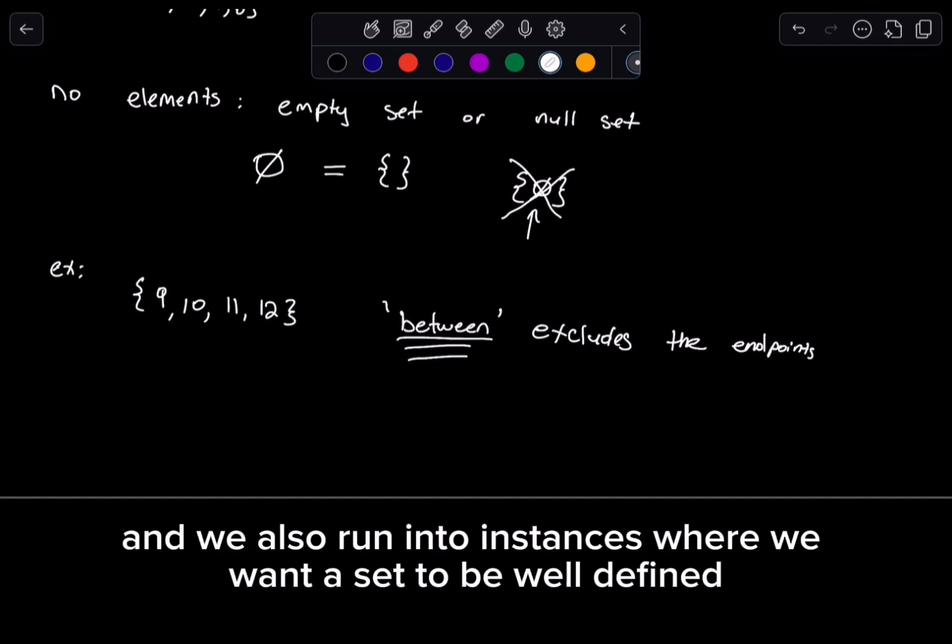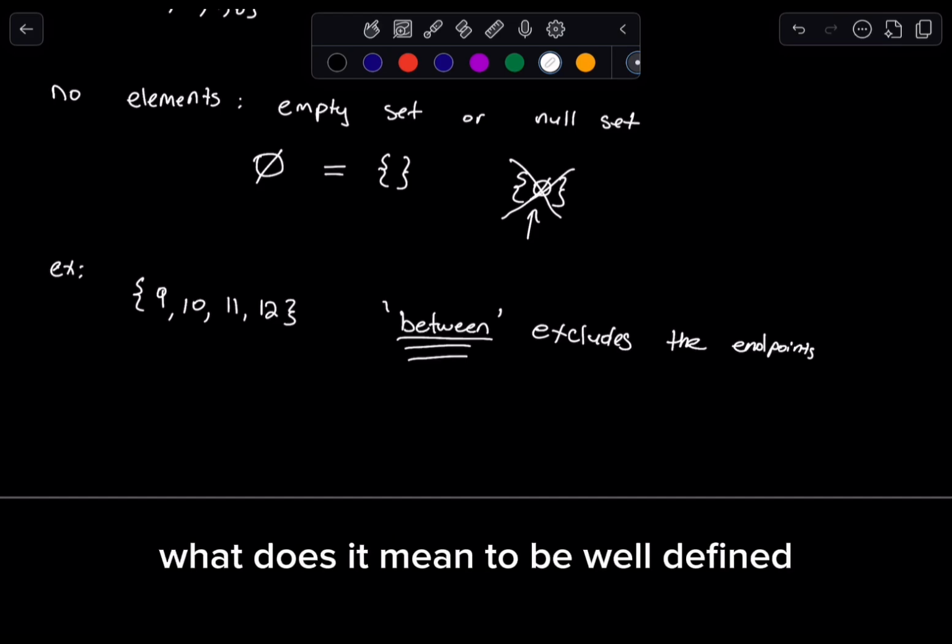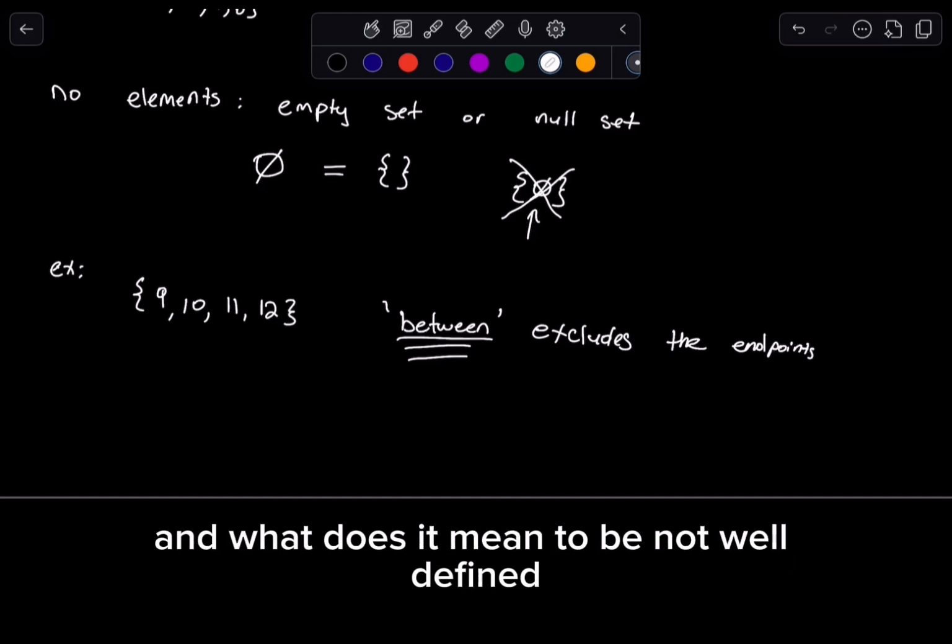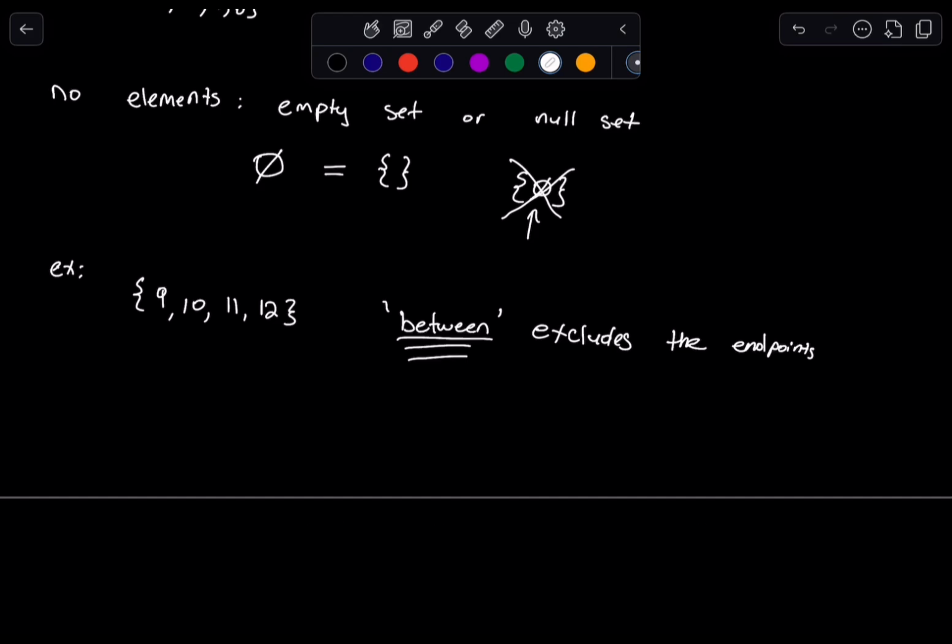And we also run into instances where we want a set to be well-defined. What does it mean to be well-defined, and what does it mean to be not well-defined?